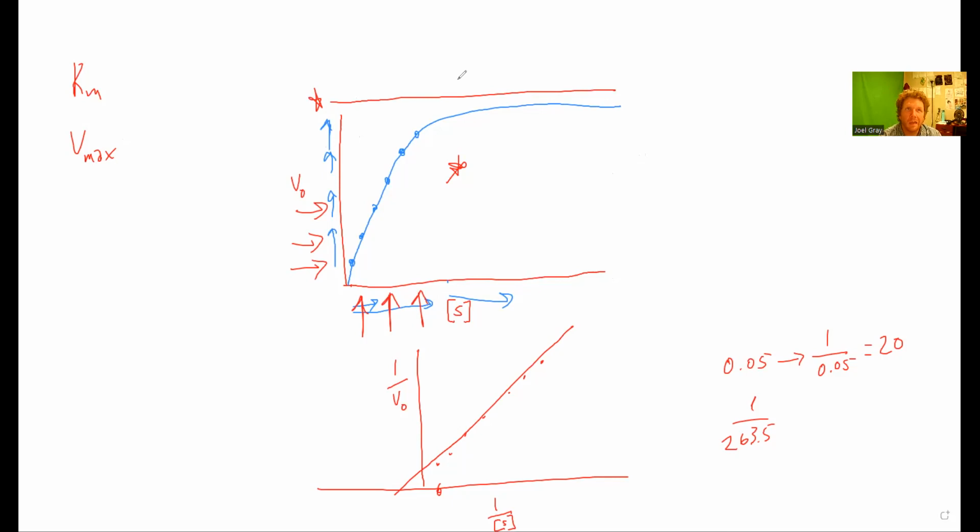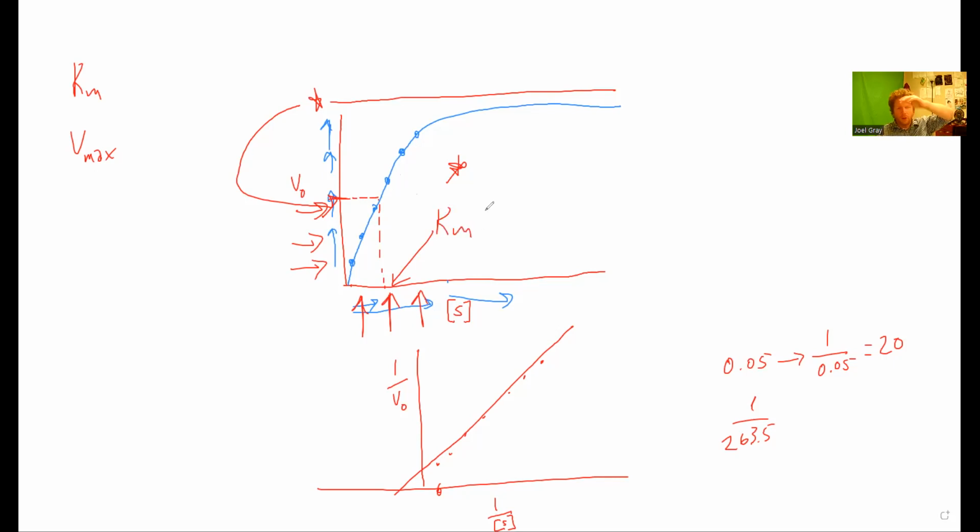And that's a number that you can just deduce. Then the other value is your Km. You take your maximum velocity and cut it to half of Vmax. Then you draw a line and come up with the concentration that gets your enzyme to go at half of the maximum velocity. This is your Km.